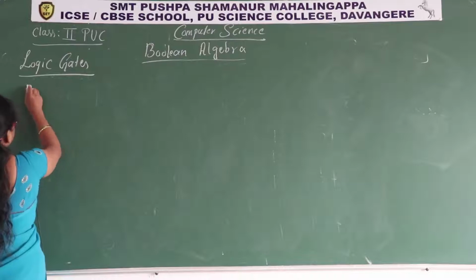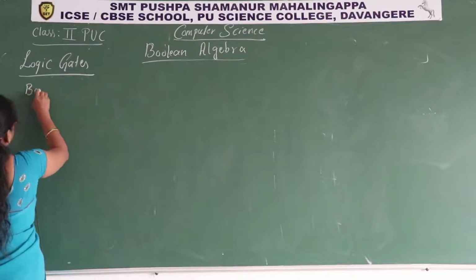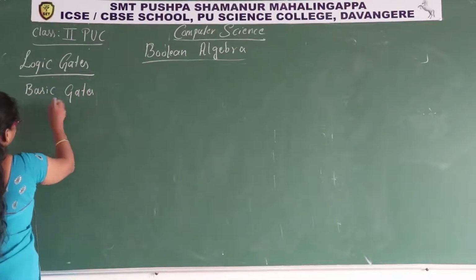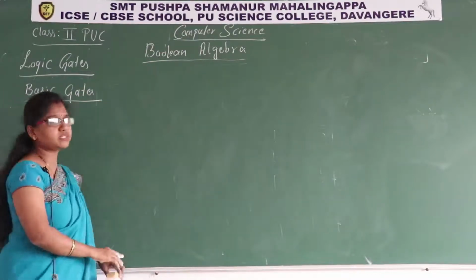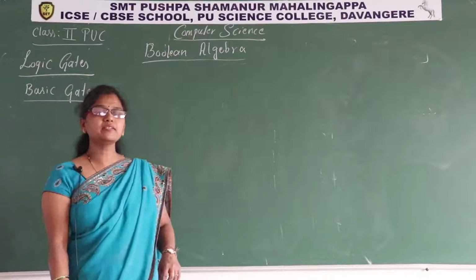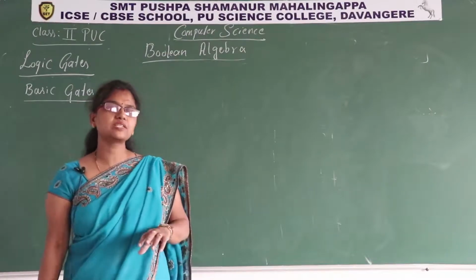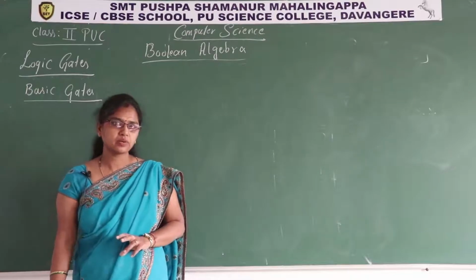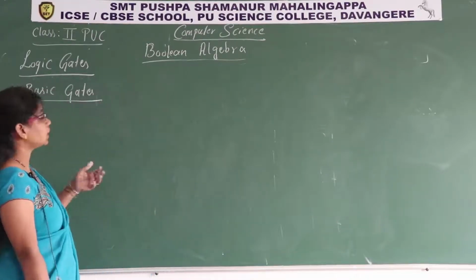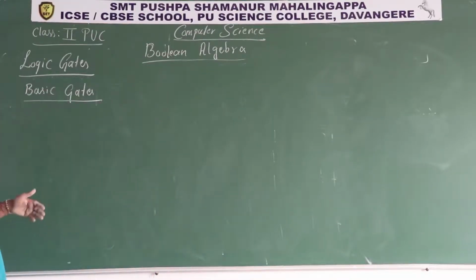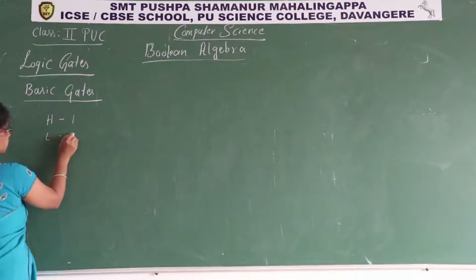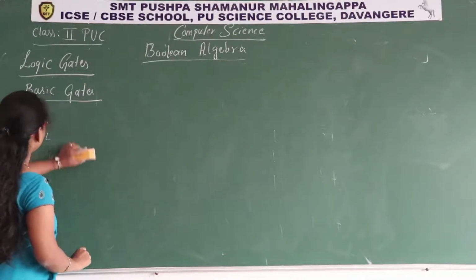So basic gates. See, first of all, before going to logic gates, what is meant by gate? A gate is an electronic circuit which operates on one or more input signals and it gives output signal. Okay. So how to represent those electronic signals in terms of binary values? See here, that high can be taken as 1 and low is taken as 0 in digital electronics.